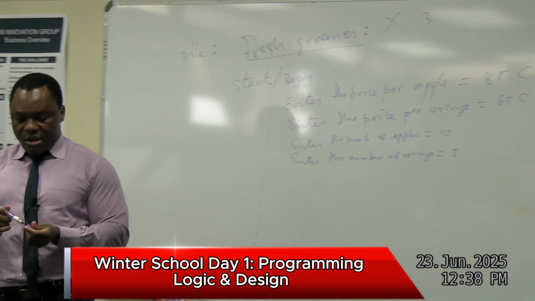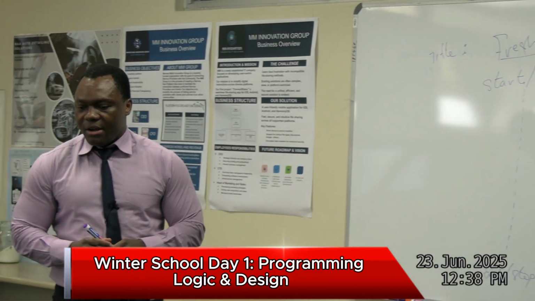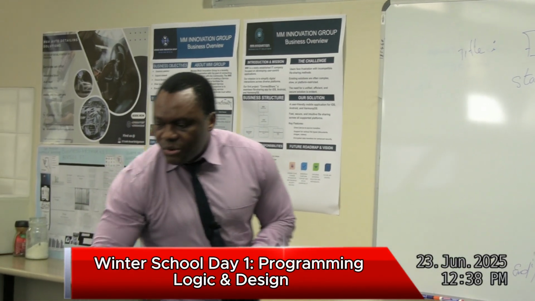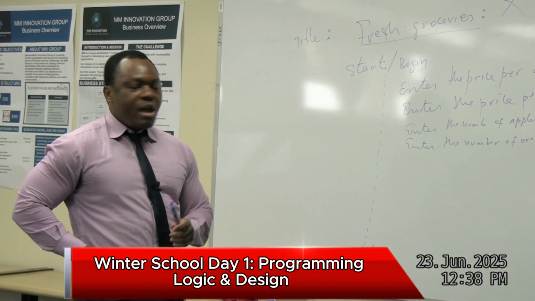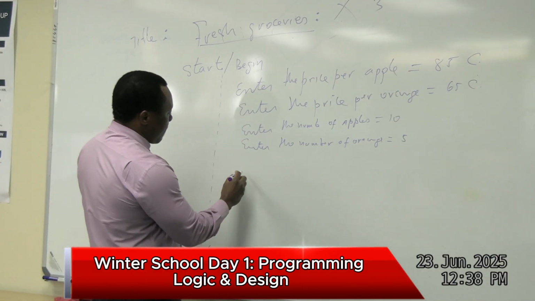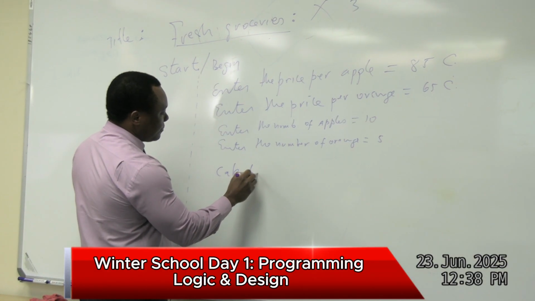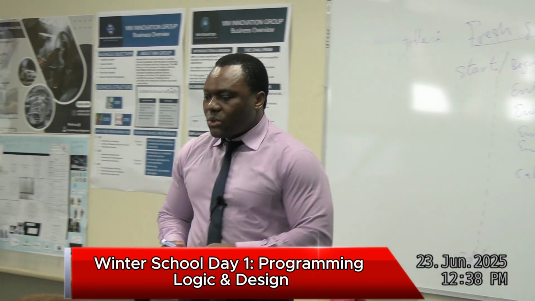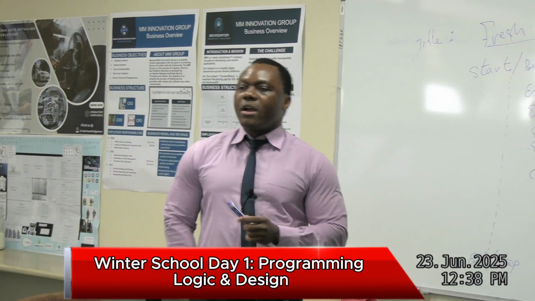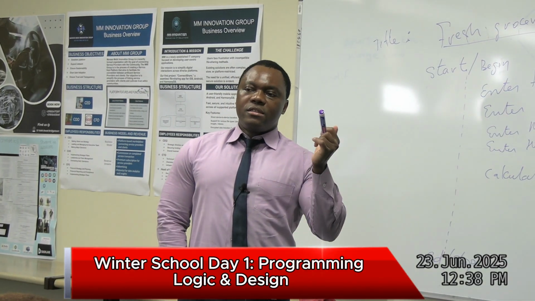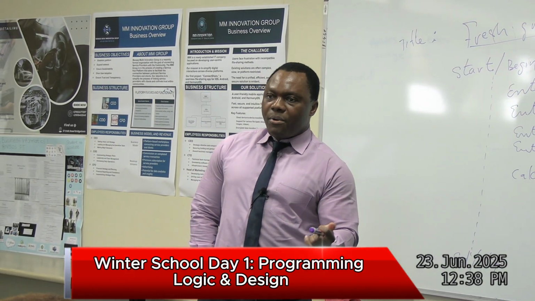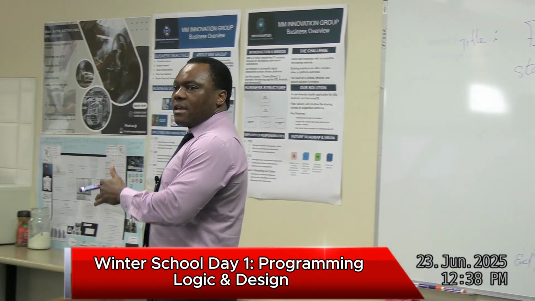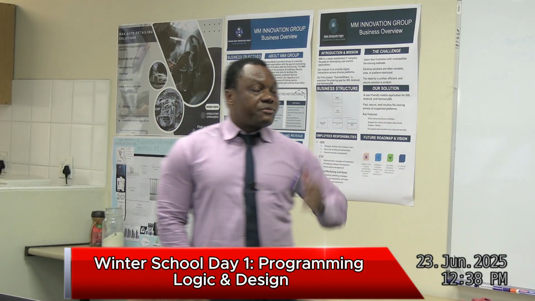Processing says that the keyword was calculate. What are we going to calculate? We said calculate the total apple cost. You do calculate total cost, calculate total of orange. It means when you are calculating, you are taking the price of one apple times, I don't know, 65 or 85.